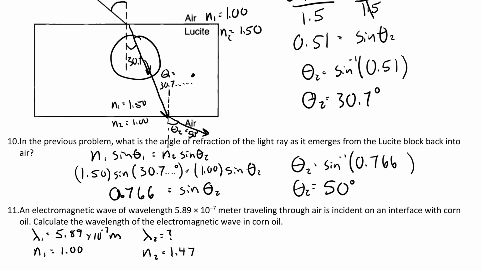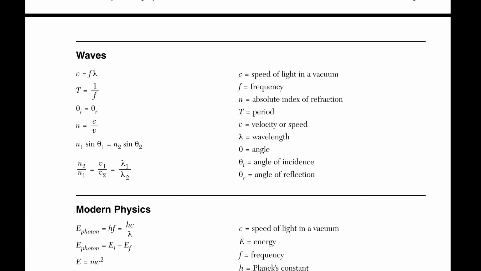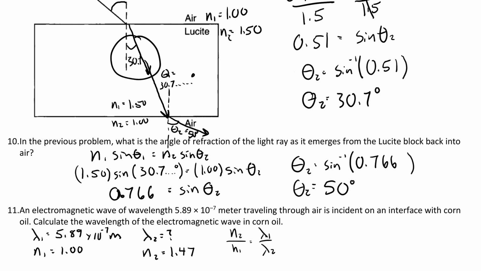So we need an equation that has n1, n2, lambda 1, lambda 2, which is in our reference table. So we're going to make it look like this: n2 over n1 is equal to lambda 1 over lambda 2. In that order, don't flip those. There's our equation right here.